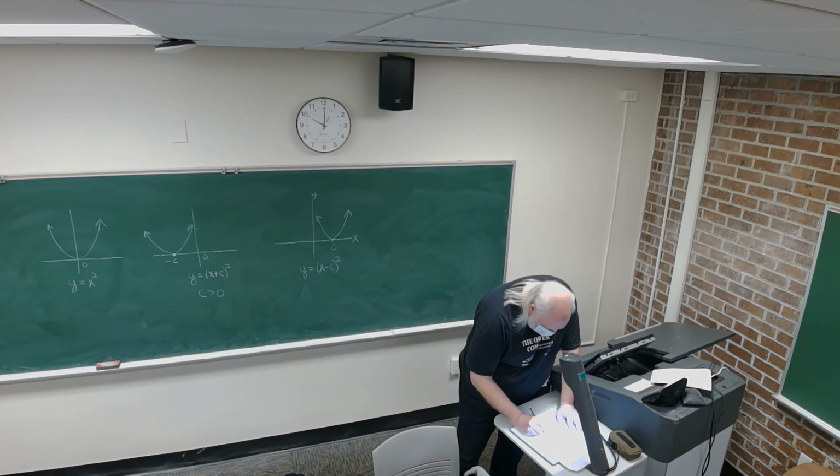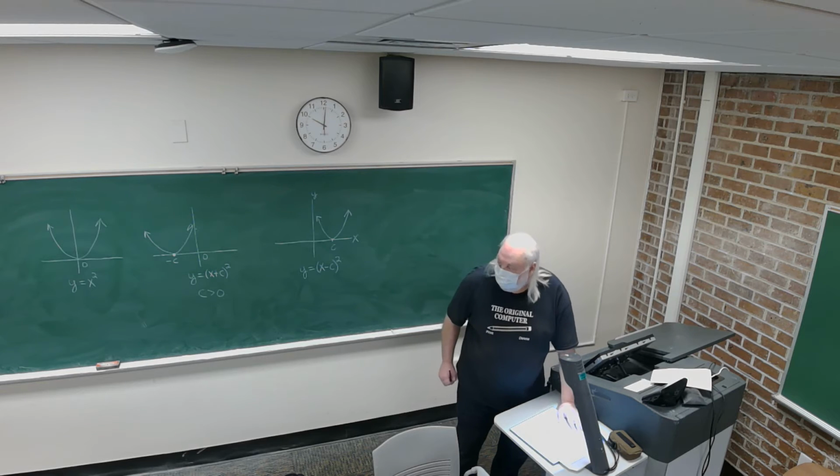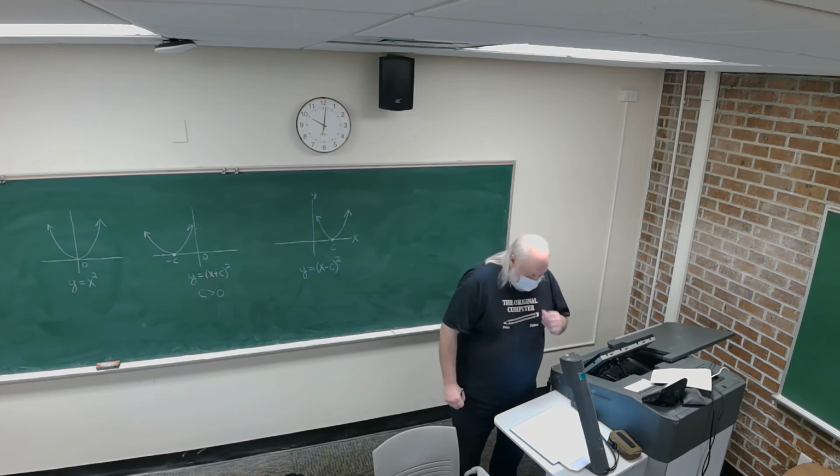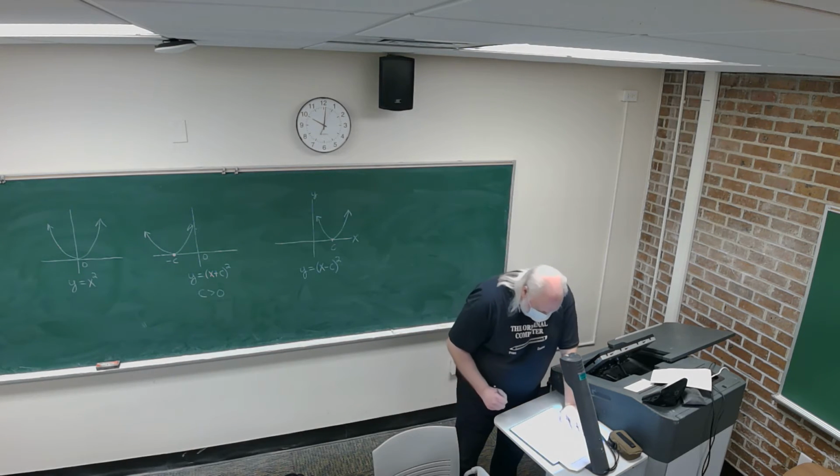-2, 2 becomes +2, 2. The origin doesn't change. 1, -1 becomes -1, -1. 2, 0 becomes -2, 0. And 3, 4 becomes -3, 4. And now we plot those points.